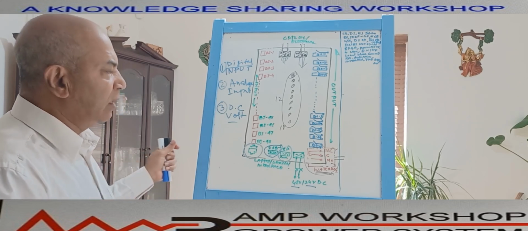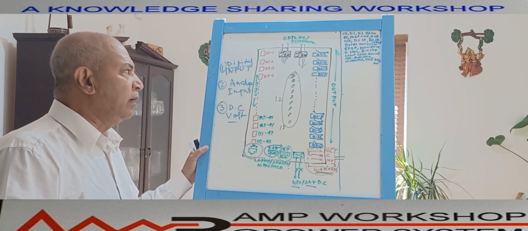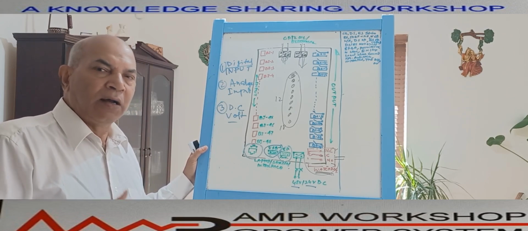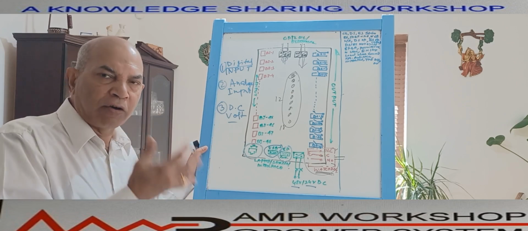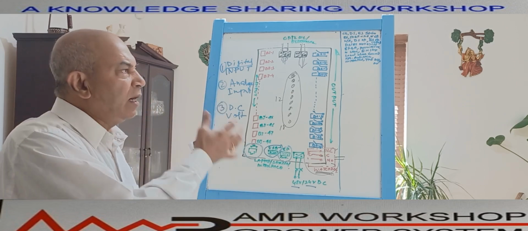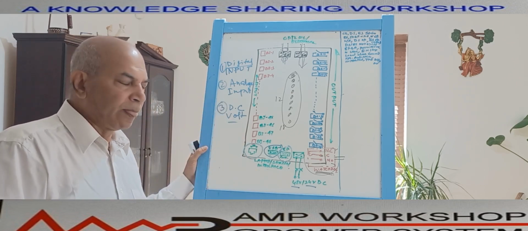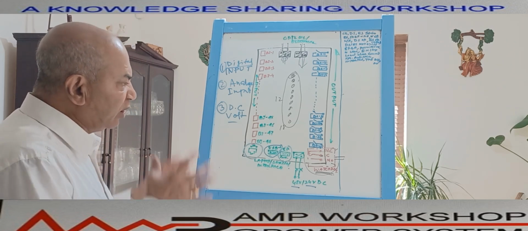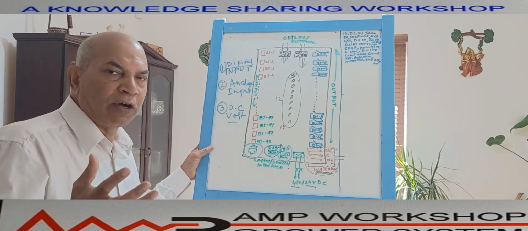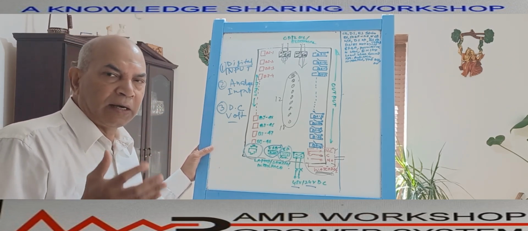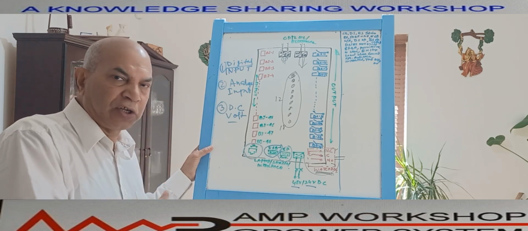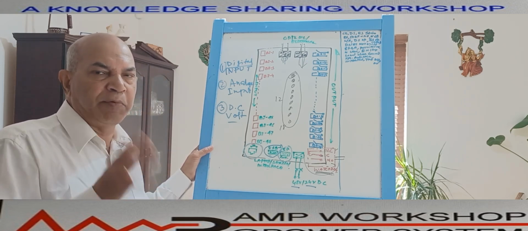Now today in this session specifically we will be discussing the input facilities, the binary input and analog input interface with the switchgear control system. Regarding analog input, we have already said that the vital requirement of the protection relay is the analog input. If we look into the protection function, then the analog input is very important.